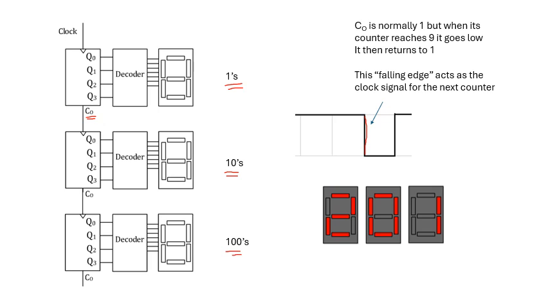But then the frequency, as we said, will be 10 times less. So the ones will be counting 1, 2, 3, 4, 5, 6, 7, 8, 9, 10. The tens will be counting 1, 2, 3, etc. And then the hundreds will be counting 10 times slower than that. So this carry bit acts as the clock signal for the next unit in the chain, for the next decimal digit.